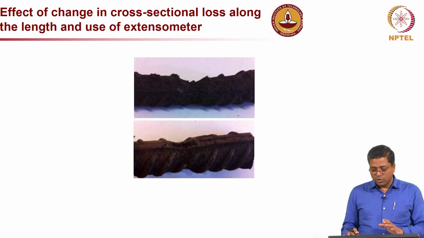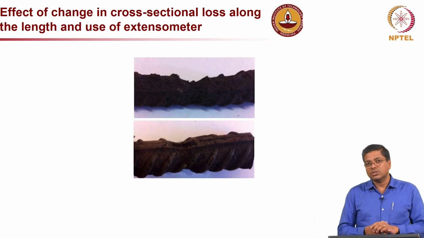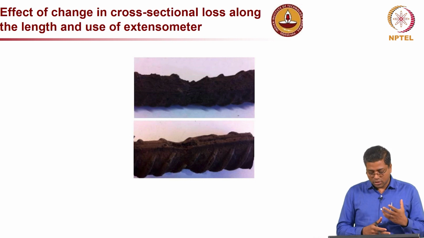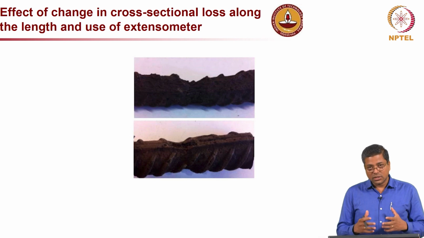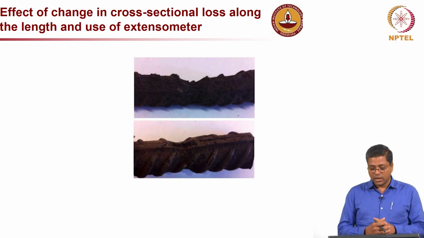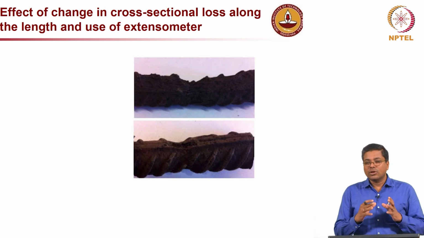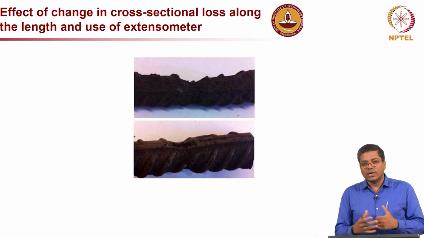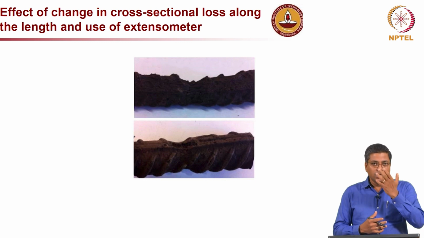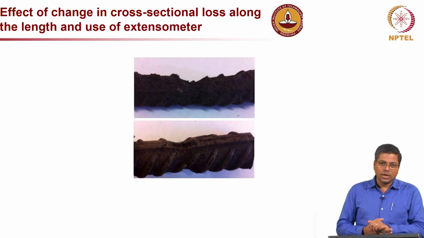I am going to show you the effect of such a change in cross section loss on the stress strain measurements which you take. If you take a corroded bar and do a tensile strength test and get a stress strain behavior, how correct could that be.